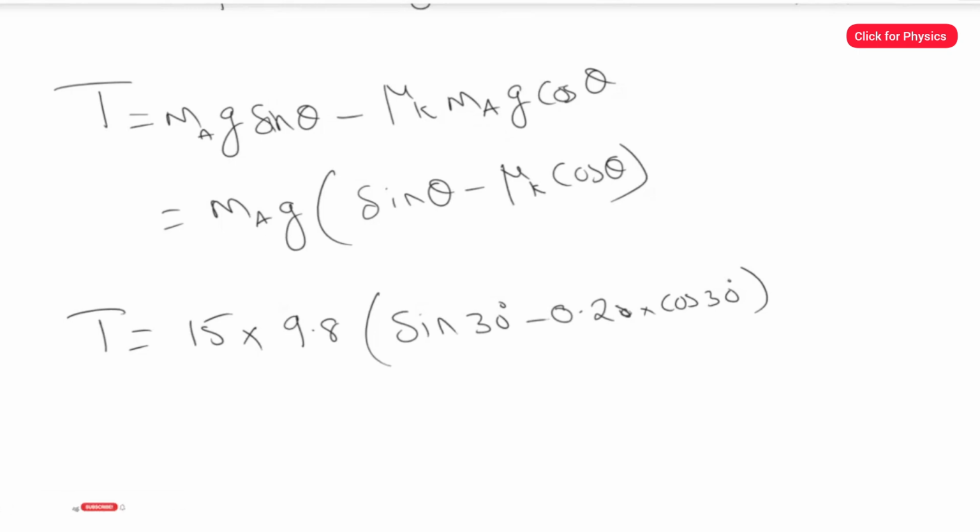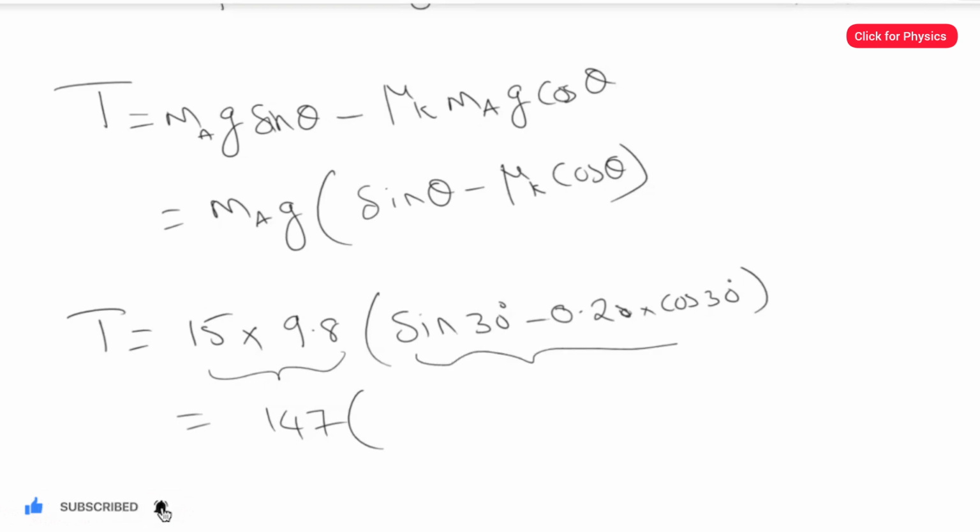So let's see what's the answer. 15 multiplied by 9.8 is 147. This part is 147 multiplied by sine of 30 degree minus 0.2 multiplied by cosine of 30 degree. The answer is 0.33.